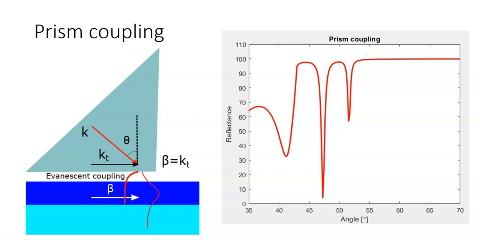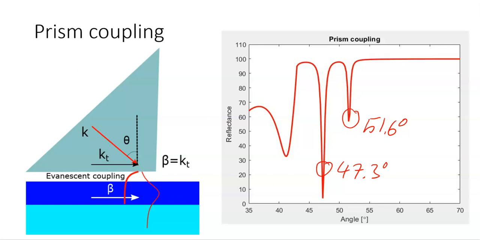Here we see that the first order mode is coupled at an angle of 51.6 degrees as we calculated, and the second mode is coupled at an angle of 47.3 degrees as we also calculated.